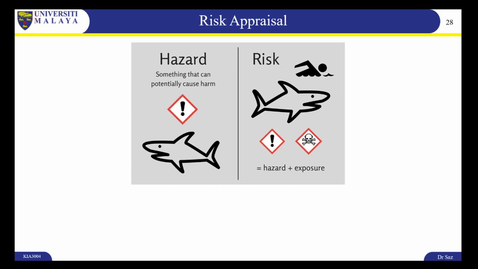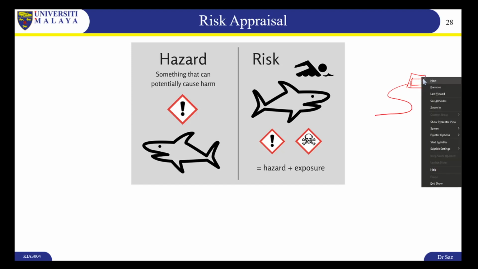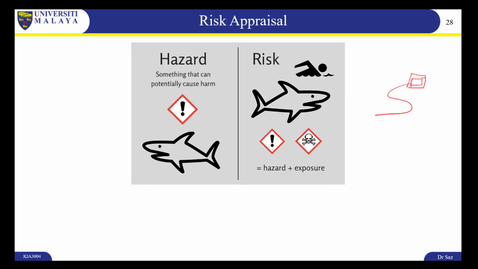Another example would be if I had an electrical wire and it's plugged into the wall right here. Just imagine that's a plug there. Okay, and there's maybe some exposed wire there. Then it's going to be an electrical wire there.